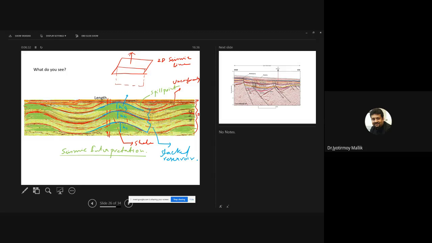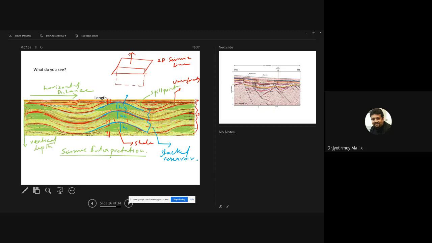Now, there is another thing we can do. This is my horizontal distance, and this is my vertical distance, depth.